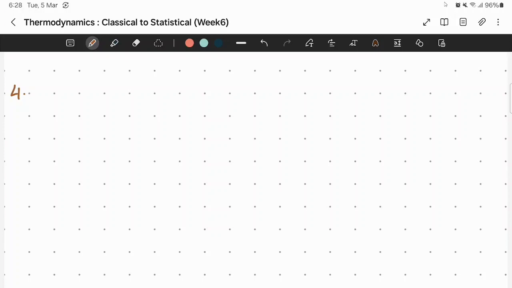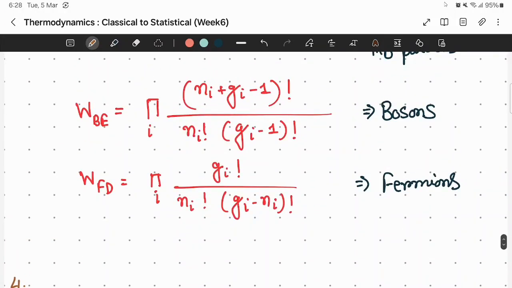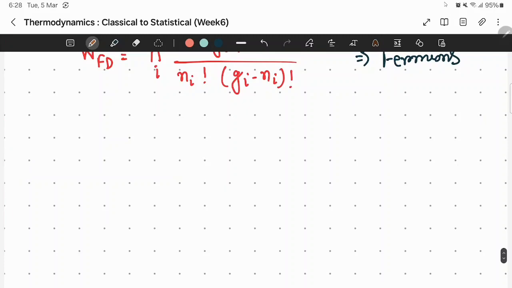Yes, Vijay. What is the basic difference between bosons and fermions? I think it is only the spin. Yes, but there is also one more thing. You asked, that's why I'm saying.